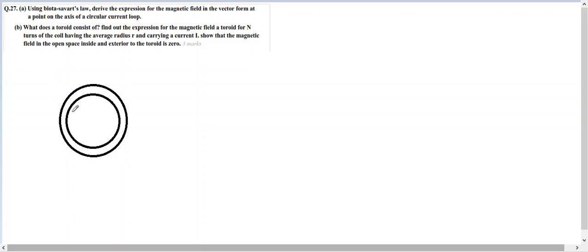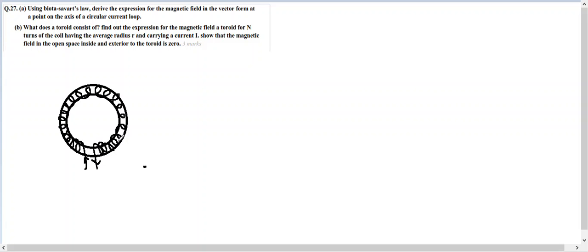Now the wire in the toroid is something like this. The current is entering and then it is in the form of a helix. The wire is closely wound on this ring, which is hollow. So that's the shape of a toroid. The current is entering from one end and exiting from the other end.